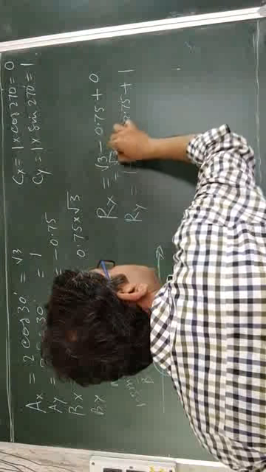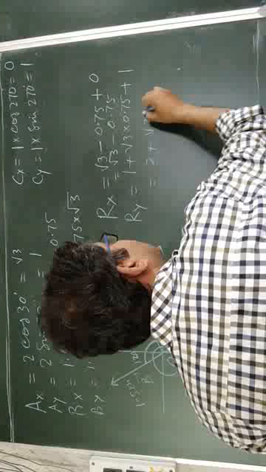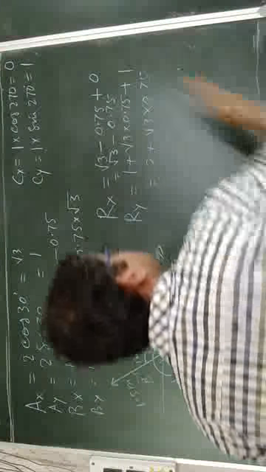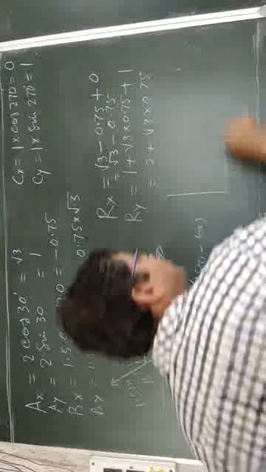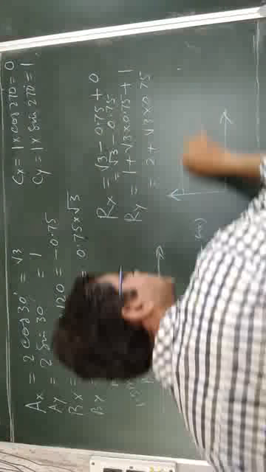So this becomes this and this becomes this. Now you have two components, one along x-axis, one along y-axis.